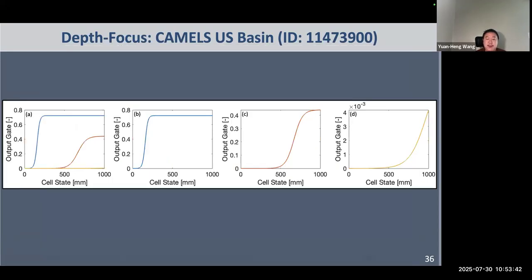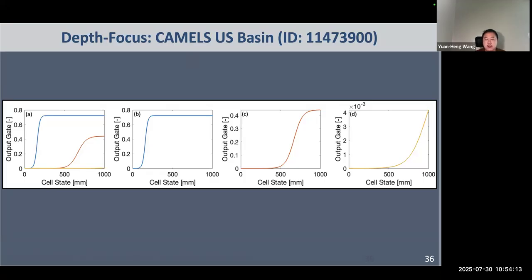So I use this 3-node distributed state, no cell state information sharing case to explore the internal functioning again. Here I plot the output gate, and it's different from the case I showed previously. Here the color is coded in order from the largest to the smallest. We see the first gate, coded in blue, activates when the internal state is probably below 100 millimeter, and the maximum gate value is about 0.7.